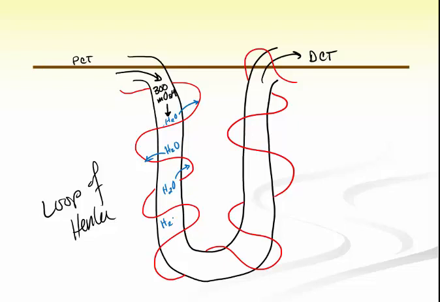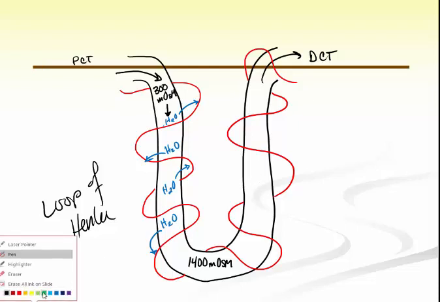If we have a solution and remove water, what happens to the concentration? Go ahead and try it, even though this is a video lecture. Right, it becomes concentrated. By the time we get to the bottom of the loop of Henle, the concentration measures about 1400 milliosmolar. Now, that's a number that you're going to see vary a little bit from textbook to textbook. The old textbook that we used said 1200, this one says 1400, but clearly much higher concentrated than when the filtrate entered the loop of Henle.